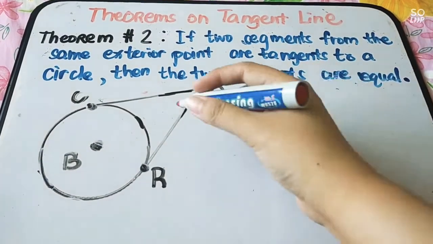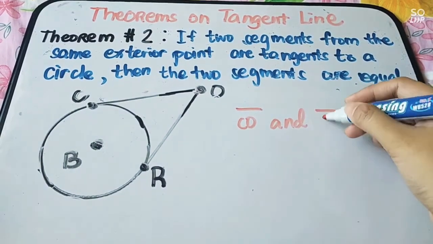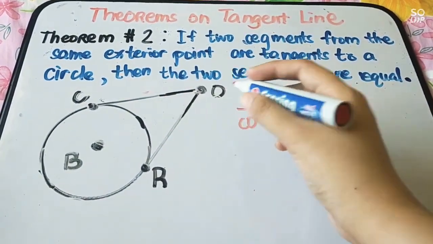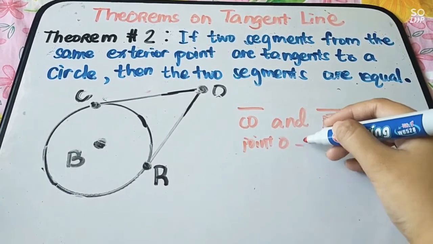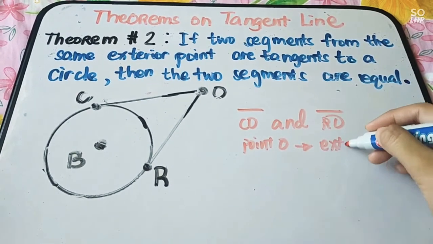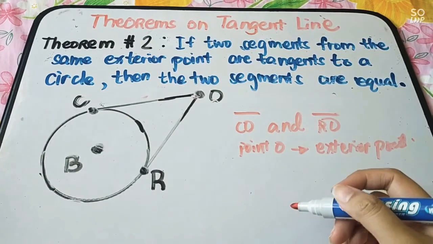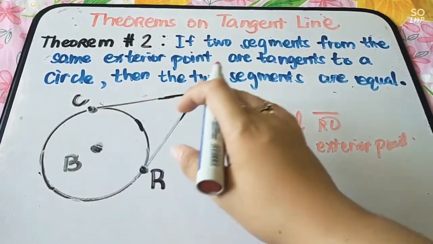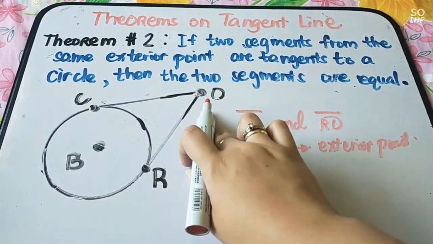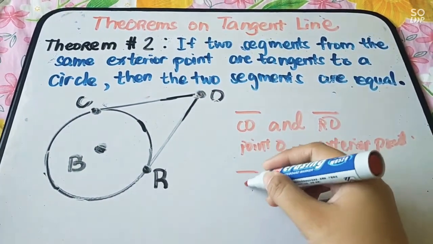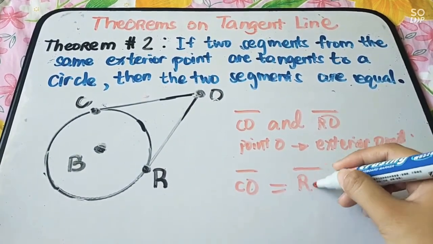We have two tangent segments, CO and RO, that meet at the exterior point, which is point O. So, point O is what we call the exterior point. It says that if the two tangent segments meet at the exterior point, therefore, segment CO is equal to segment RO.